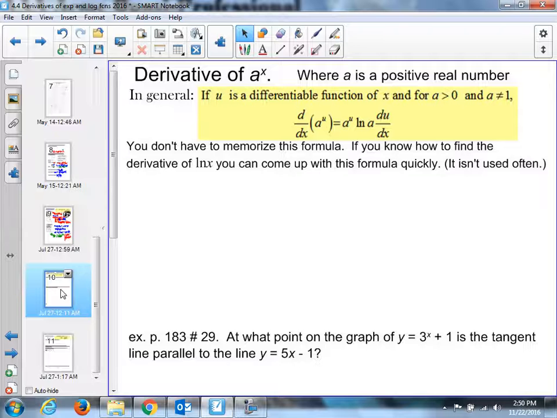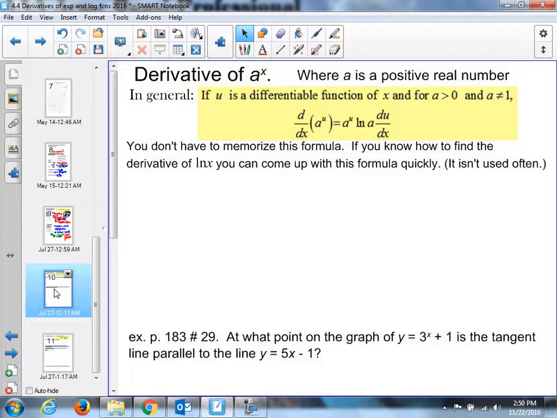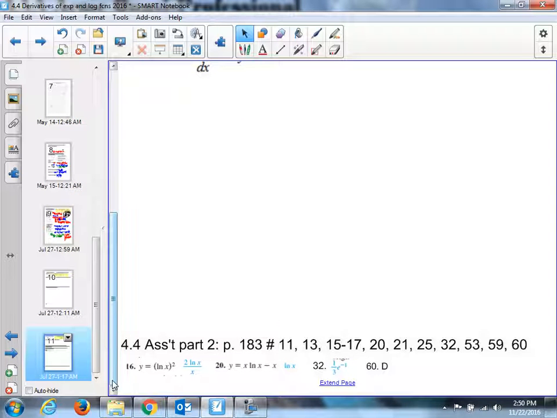So then what? Let's just see here, because I'm going to use another day anyways, but which ones can we do right now? Page 183. Now, I know you have some from the first part of this stuff.